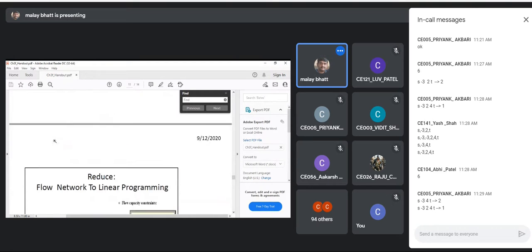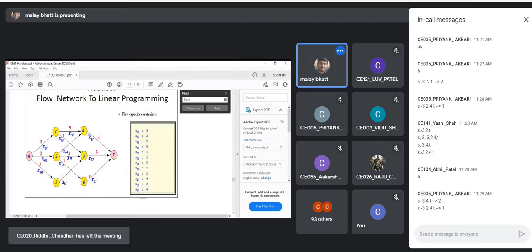So now we'll write, x01 has the capacity constraint 3 because the maximum capacity of the path is 3. So we have these constraints. X01 should be less than or equal to 3. X02 should be less than or equal to 2. X03 should be less than or equal to 2.